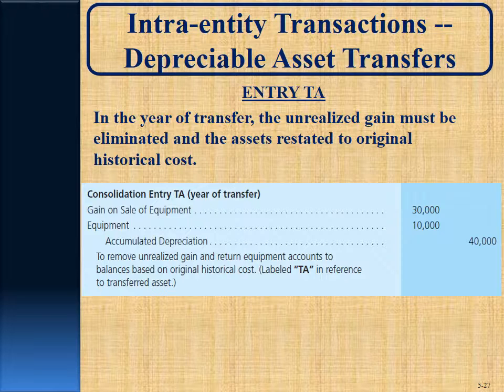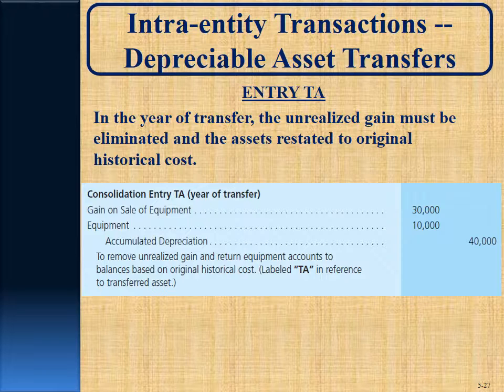What did Baker do? They debited equipment for $90,000. Well, what we have to do is get the equipment back up to the original cost of $100,000 in the elimination. So the balance of equipment on Able is 0. The balance on Baker is $90,000. So this entry needs to increase the equipment account $10,000.